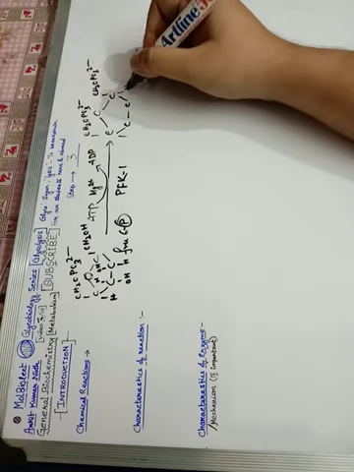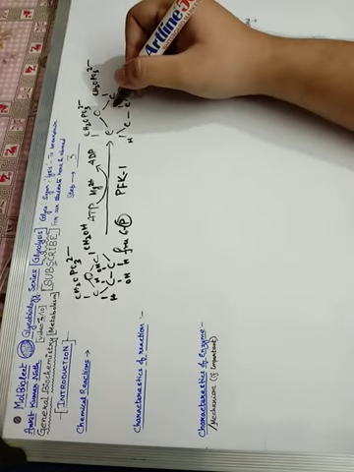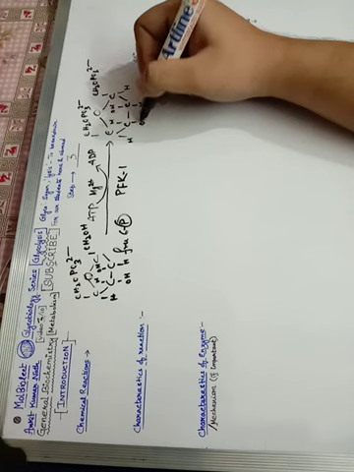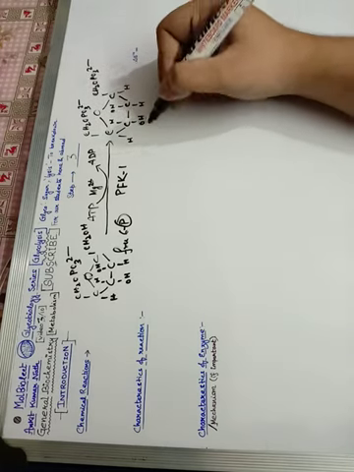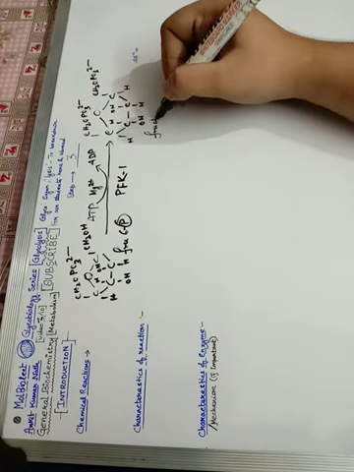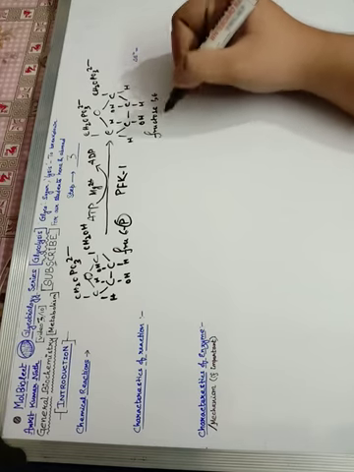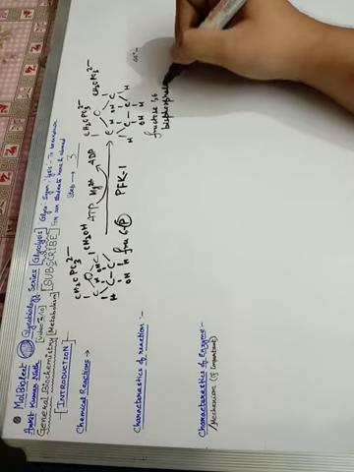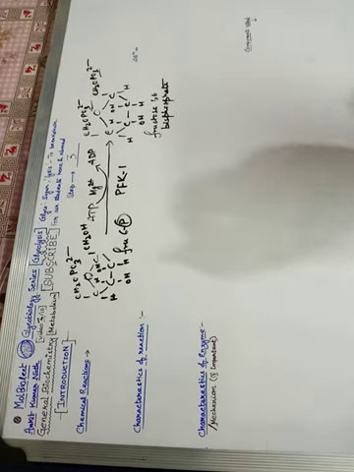Over here we have got OH, H, OH. This is fructose 1,6-bisphosphate, where bis simply means 2 phosphates because we have got 2 phosphates over here.